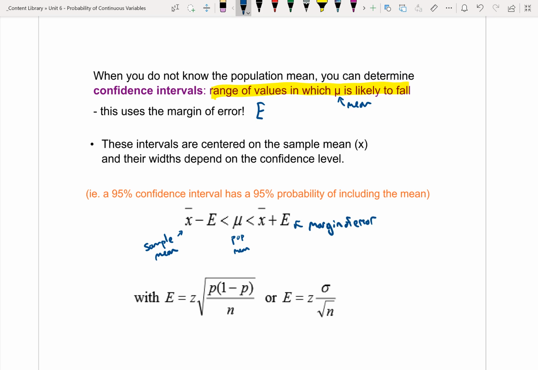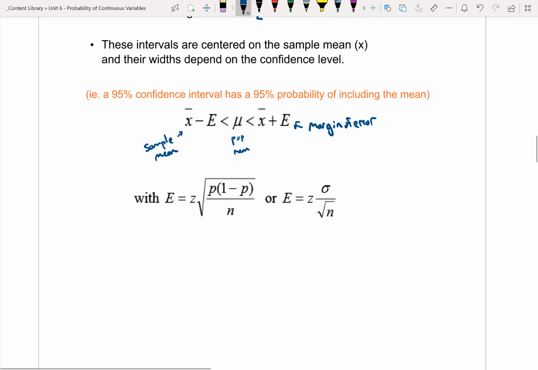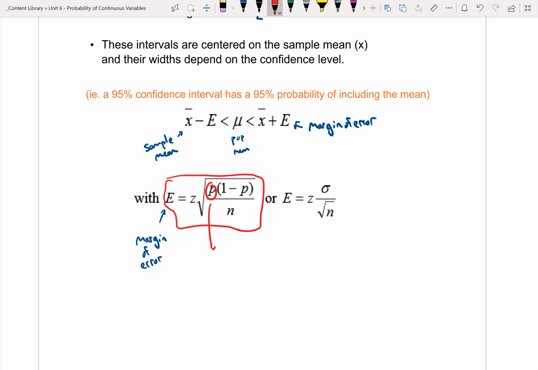And we can determine margin of error, or E, in two ways. Our first way is the z-score times the square root of p times 1 minus p divided by n, and p refers to the probability or proportion of number of successes.